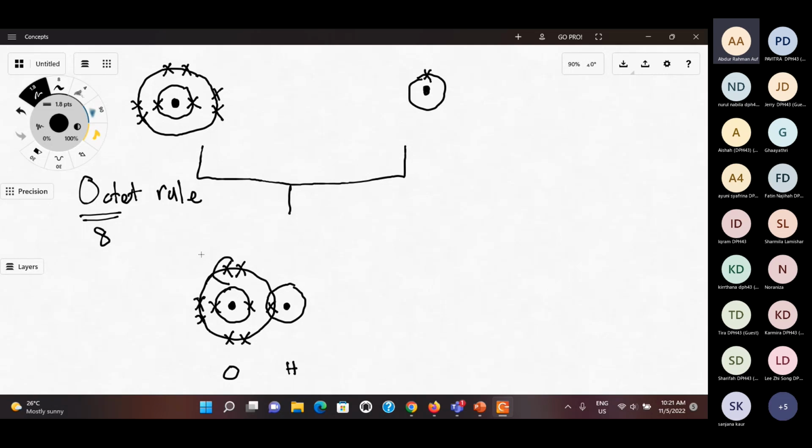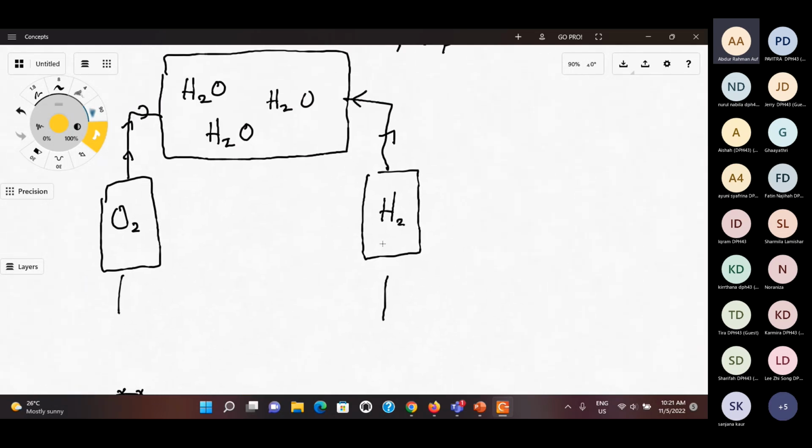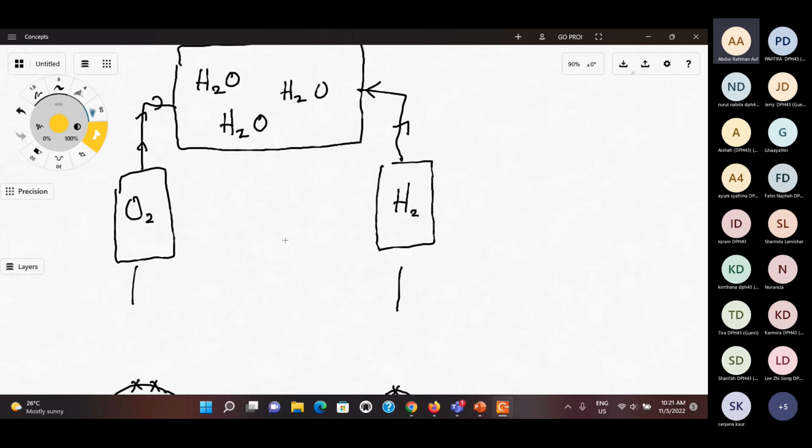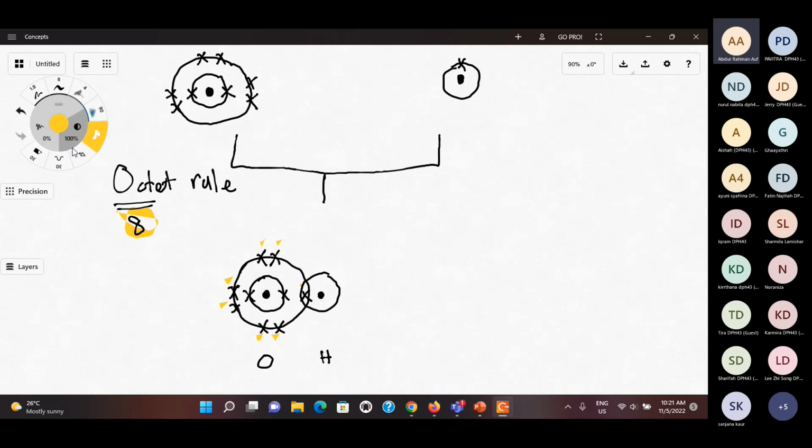So now it has 1, 2, 3, 4, 5 and 6. Looking at the outermost orbital, it has 7. The 7th electron is shared with this hydrogen. So it is not 8 yet. Remember we put many hydrogen atoms into the same container with this hydrogen earlier, so it can form another bond. It can share again. Let's say there is another atom here.